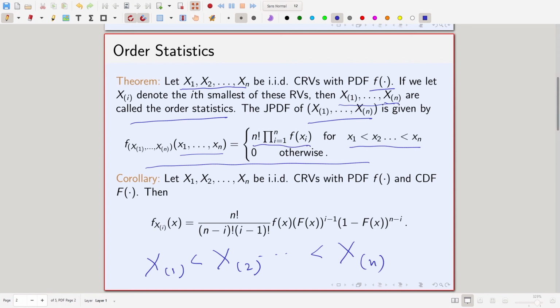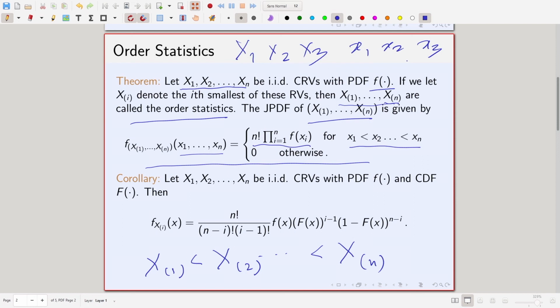Now we will not prove this theorem, but let me try to explain heuristically why you get this. Suppose instead of xn, let me look at x1, x2, x3. For any three values, you can permute each of these values.